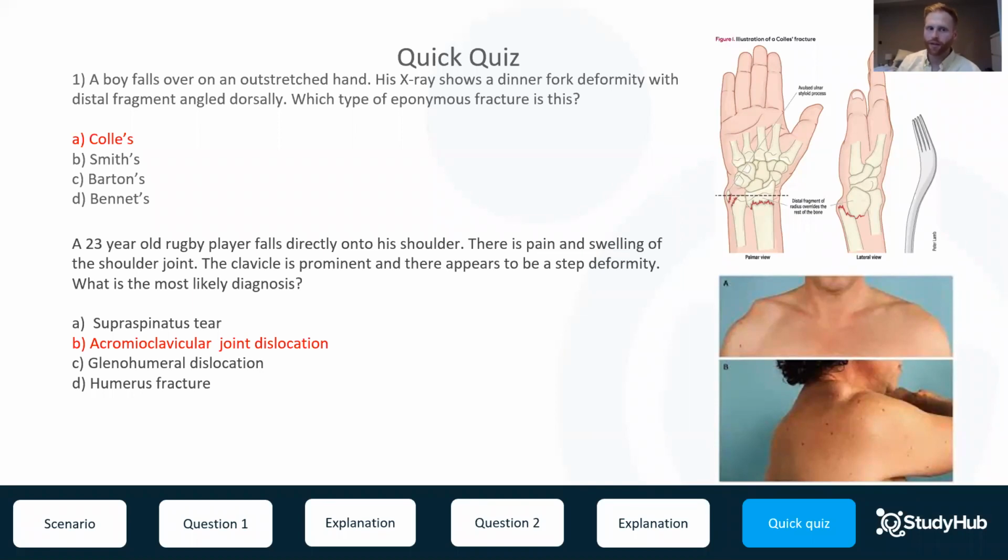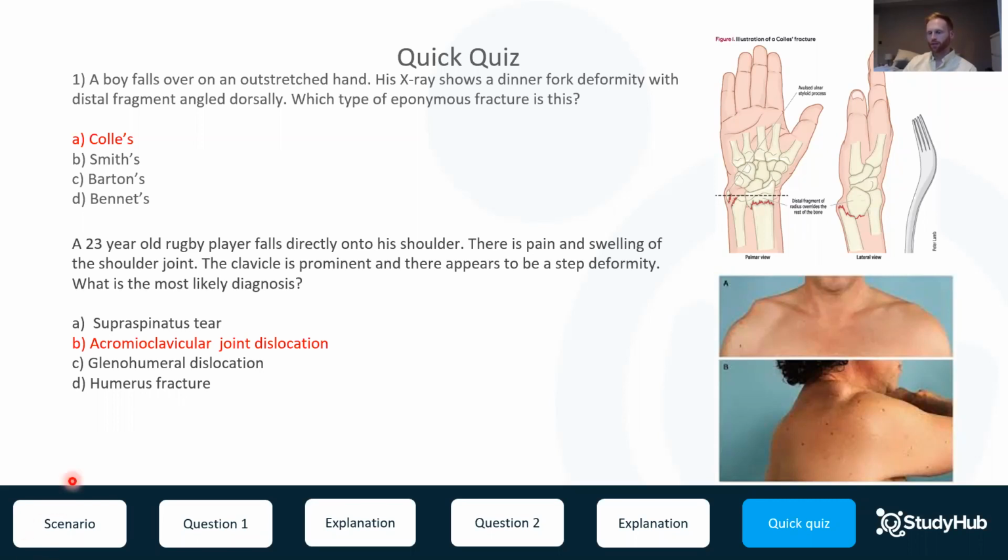And then a Barton's fracture, which is a bit more complicated again, and you probably won't need to know, but it's a differential. It is a fracture of the distal radius, and you get dislocation of the radiocarpal joint. So your bones here are no longer aligned.